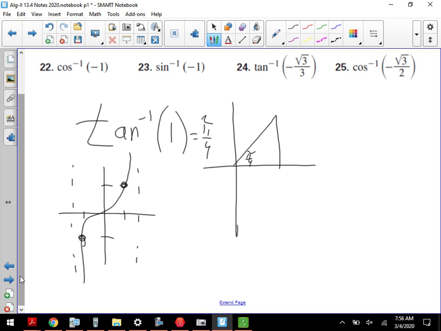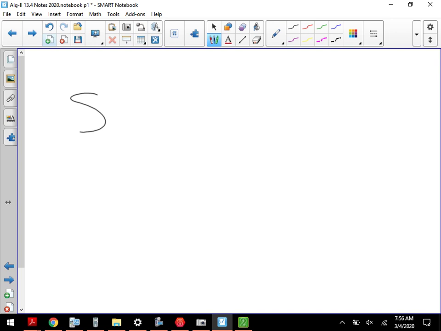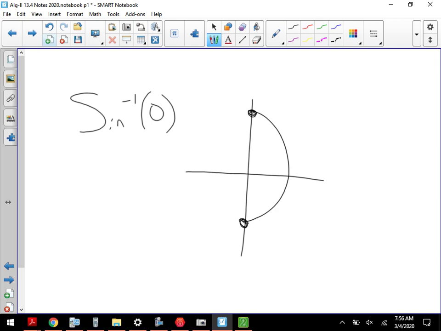And you said 21, Sarah? Yeah. 21, same when you get sine of 0. So if you see sine of 0, what angle has a sine of 0? To get a sine value equal to 0, I'm looking for somewhere between here and here. When you see 0, you have to think quadrantals.